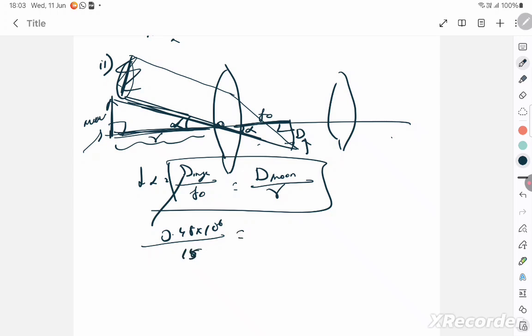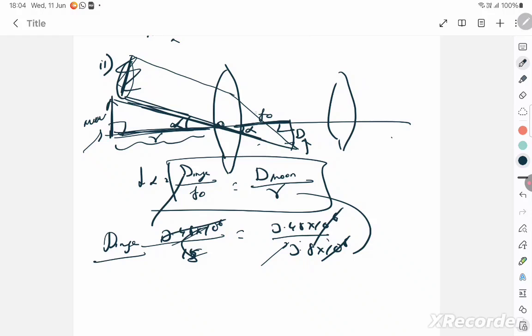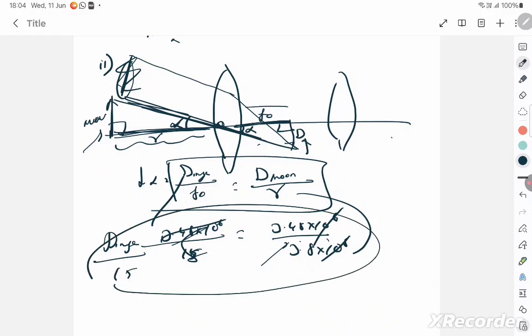This is the diameter of the moon, so it has to come here, 3.48 into 10 to the power 6 by 15, by the orbital radius, which is given as 3.8 into 10 to the power 8, which can be equated to the diameter of the image, which you don't know, by the focal length of the objective. You know the focal length of the objective to be 15, so cross multiplying, you get a value.